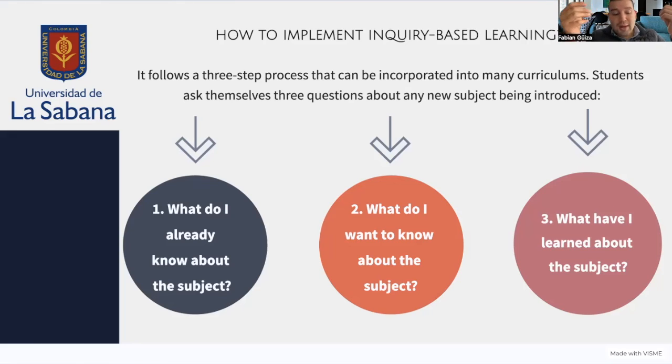The fourth one, embark on the discovery phase of the learning process. The students feel motivated to answer the questions, they are willing to research, to read, to listen to information that helps them to think more deeply about the subject that we are inquiring. And the fifth strategy, to find out what they have learned.